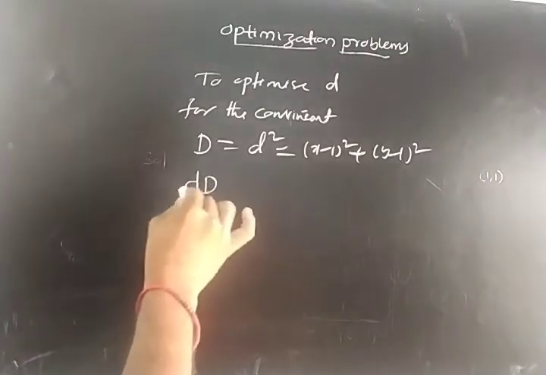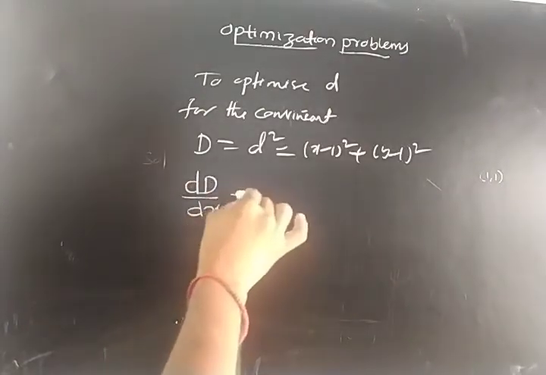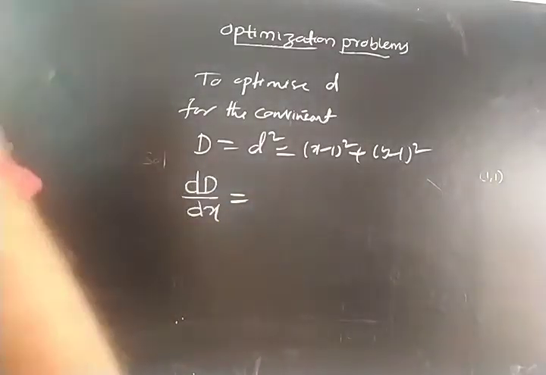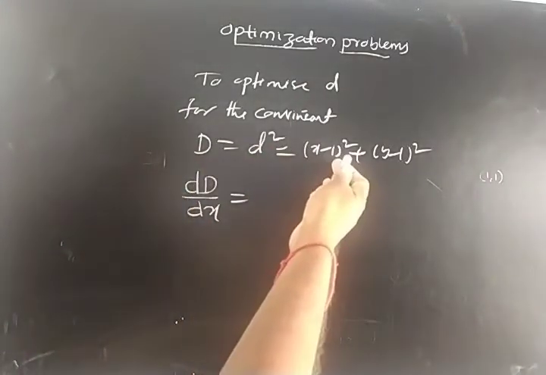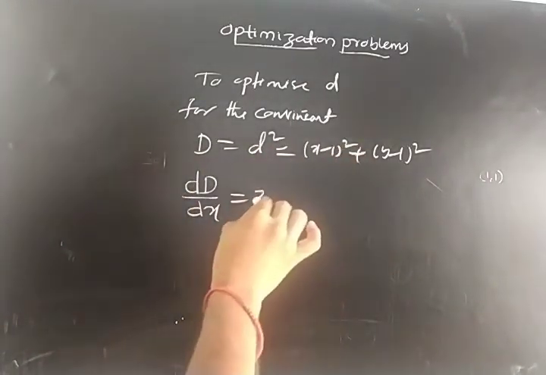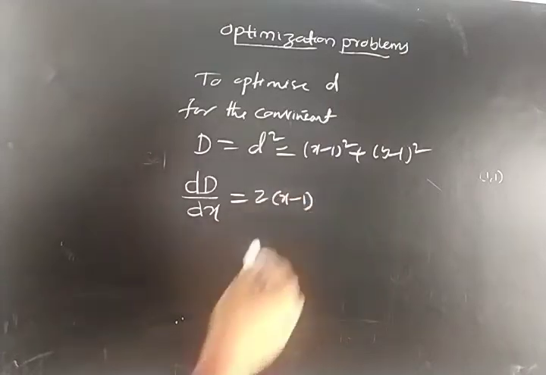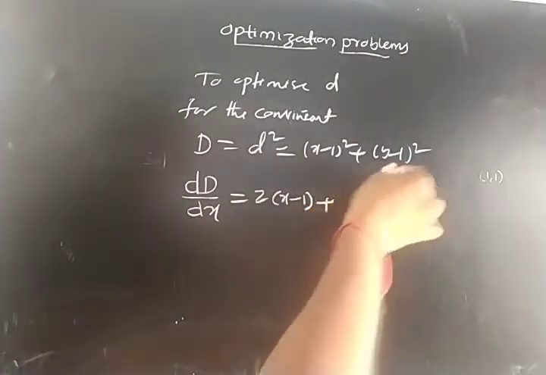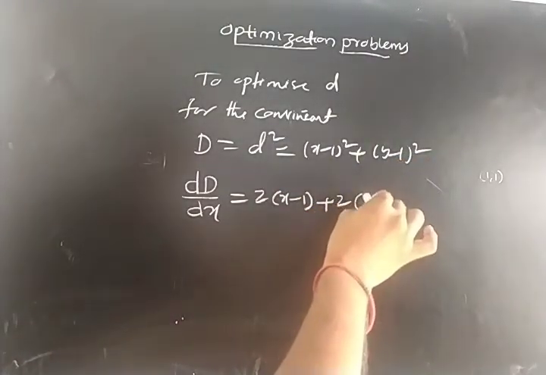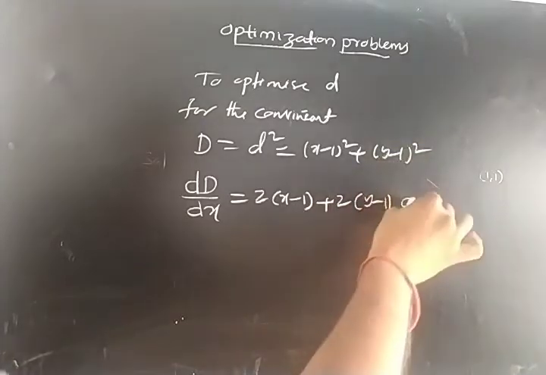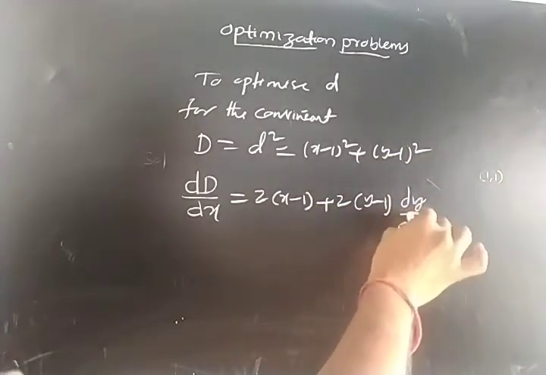Find the derivative of this function with respect to x. So I am differentiating capital D with respect to x. Capital D is x minus 1 whole square, which by differentiating gives 2 into x minus 1. And here by differentiating you will get 2 into y minus 1 into dy by dx.